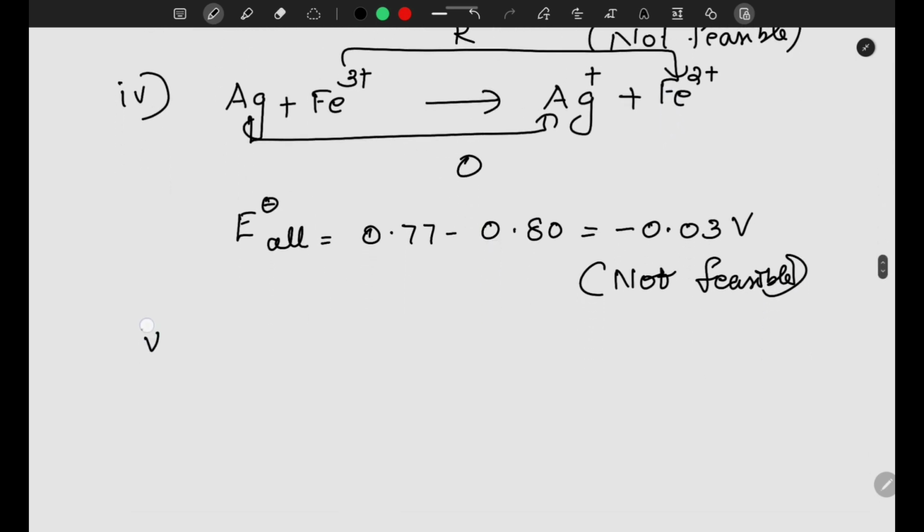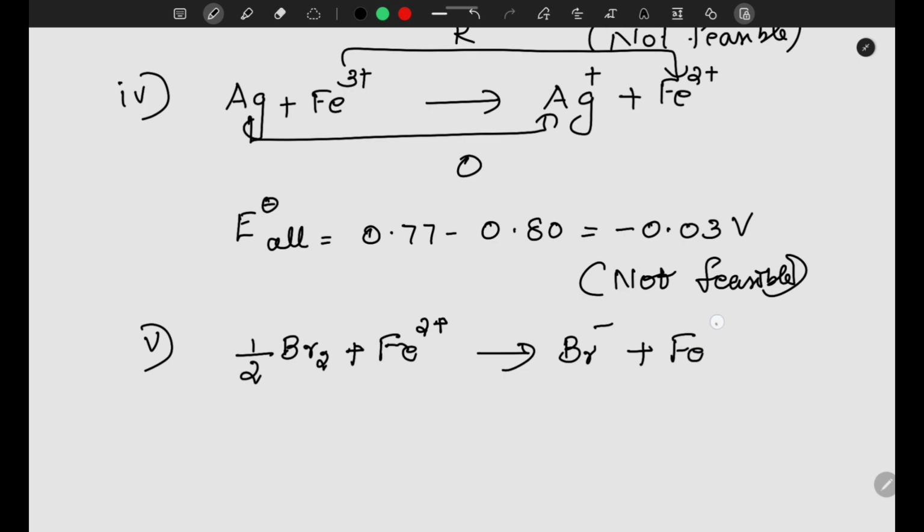Next we have to check the feasibility between bromine and Fe2+. So half Br2 plus Fe2+ gives Br- plus Fe3+.